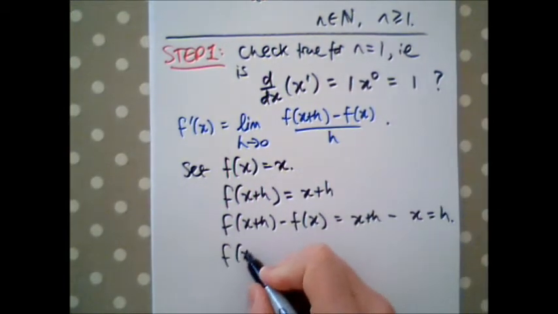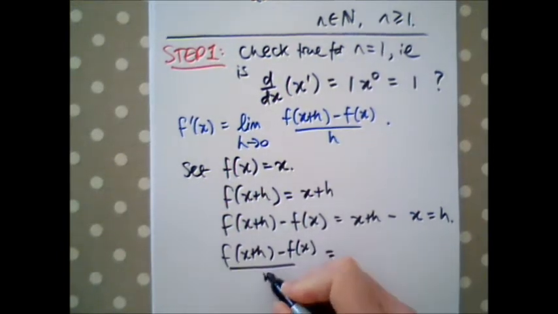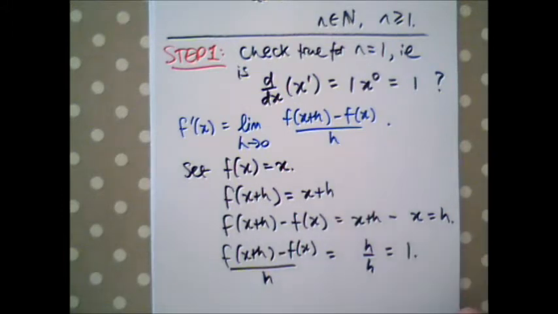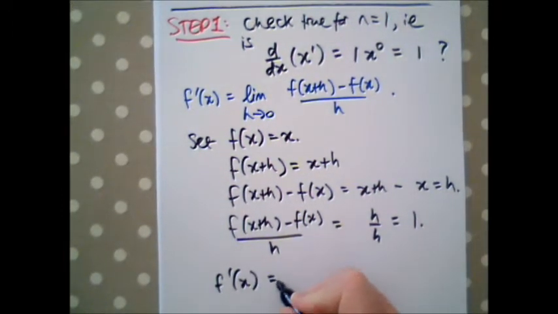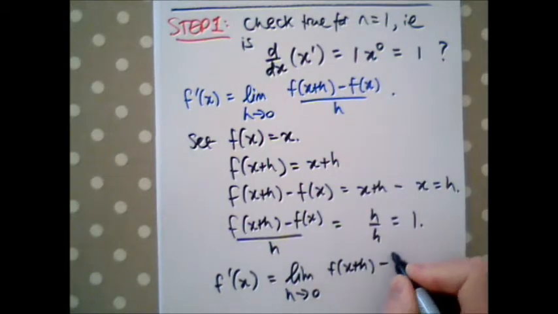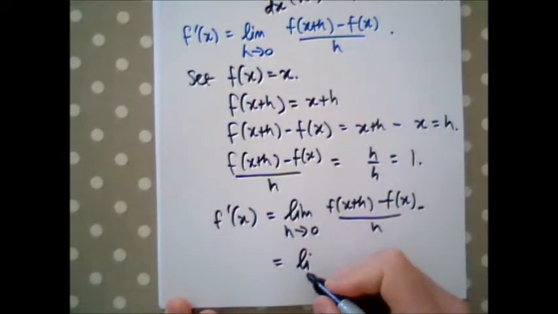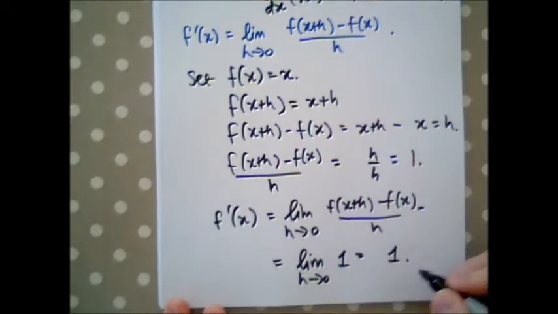So then f of x plus h minus f of x all over h is simply h over h, which is 1. So finally, f dash of x is the limit as h tends to 0 of f of x plus h minus f of x over h, which is the limit as h tends to 0 of the number 1. So that's just 1.